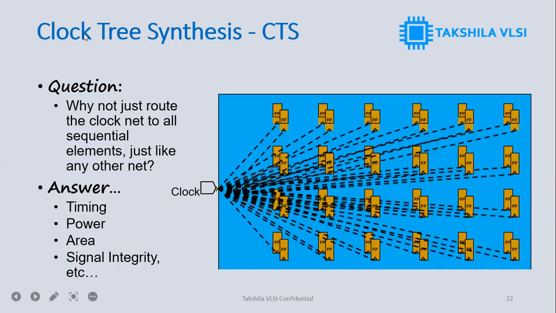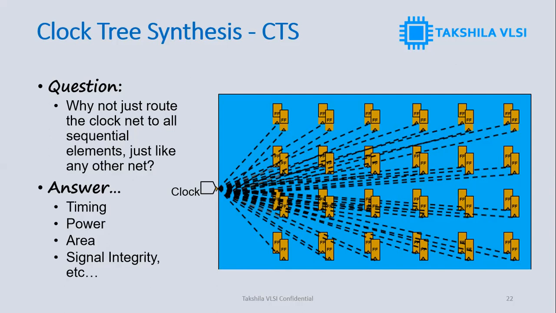Next, once you place the standard cells, next is clock tree synthesis. So clock tree synthesis is, in your block, there will be some sequential elements also. So what is the common input of all the sequential elements? Clock. Without the clock, sequential elements will not work because clock is the driver for all the sequential elements, and it is a common input for them.